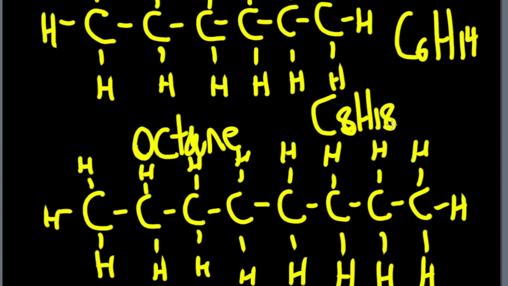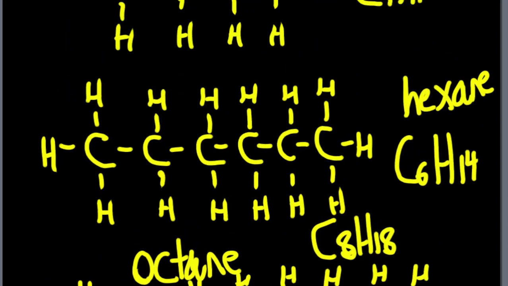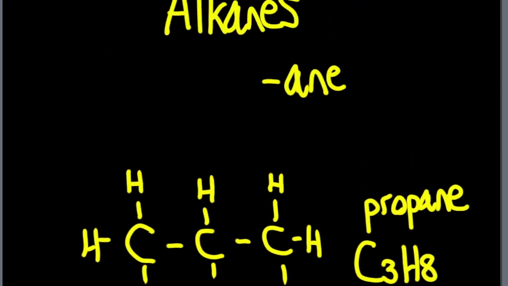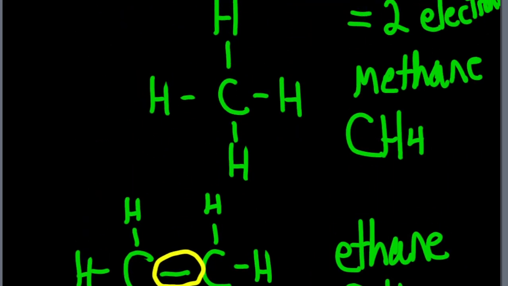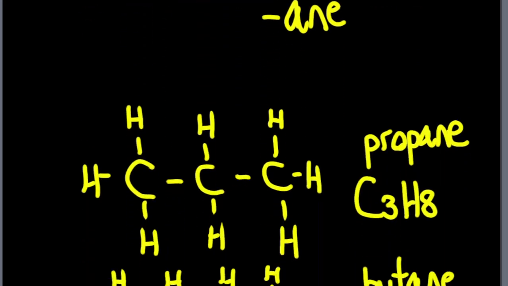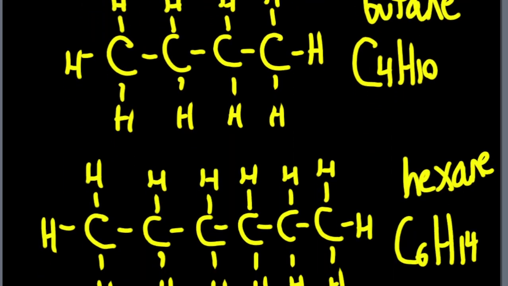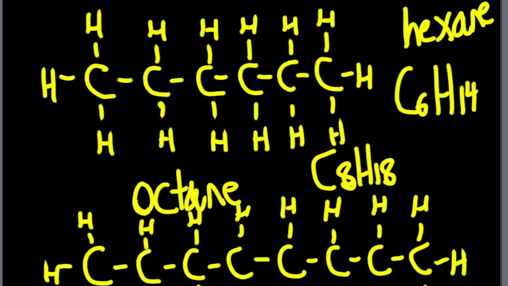Okay, so all of these that we've talked about, all of these alkanes, methane, ethane, propane, butane, hexane, and octane, are known as saturated hydrocarbons since every available point that a hydrogen can bond, there is a carbon-hydrogen attachment. So the compound is literally saturated with hydrogens.